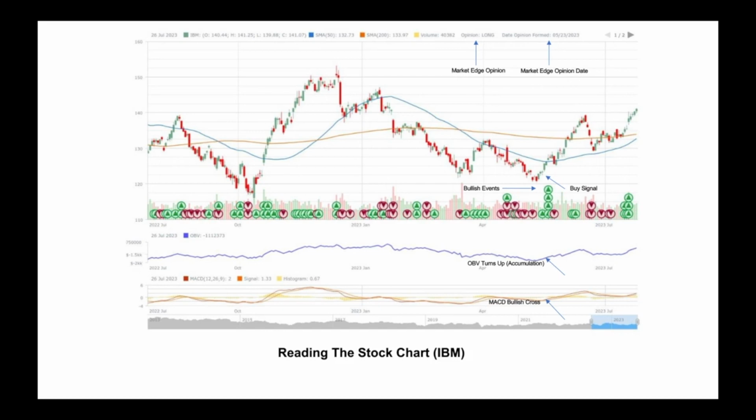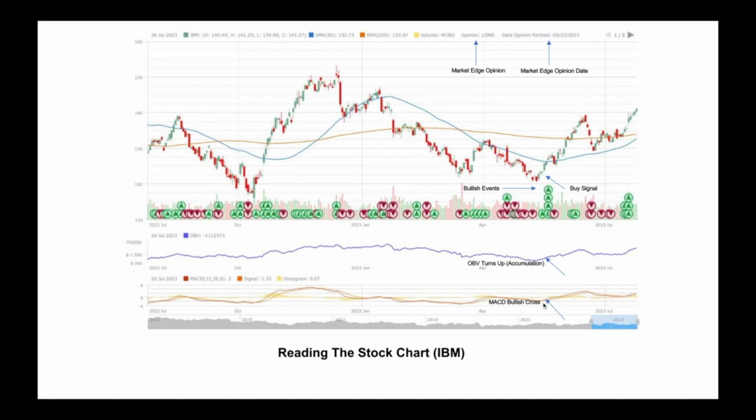You can see right around May 23rd, where the arrow is, that this turned up, which is a bullish sign. Underneath the OBV, you see what we call MACD, which is short for moving average convergence divergence. We have our own proprietary setup for that. And again, very simple. You can see that turned up right around May 23rd.